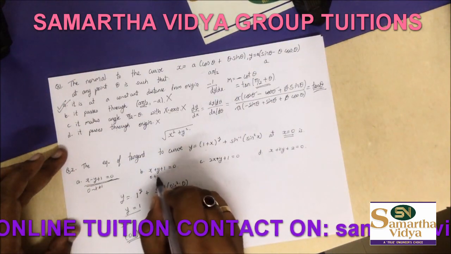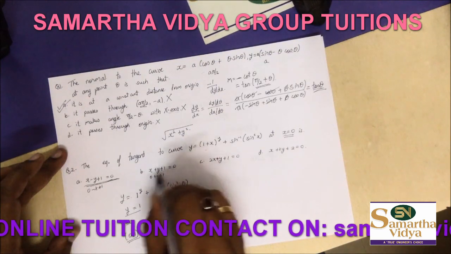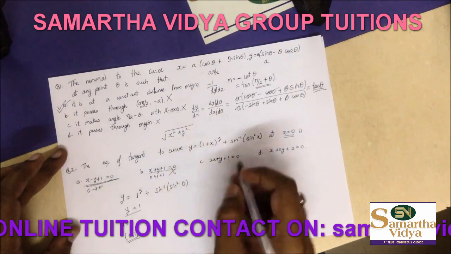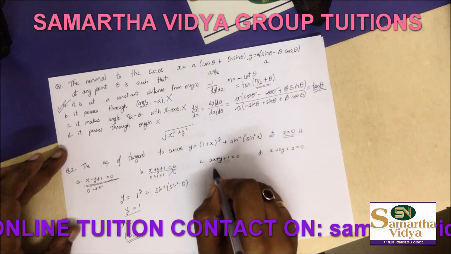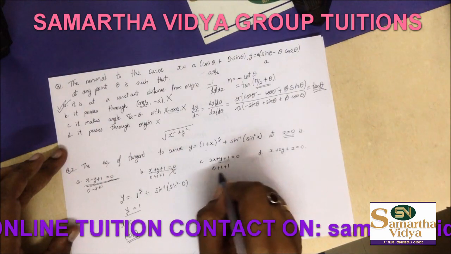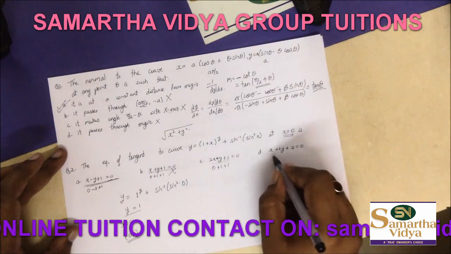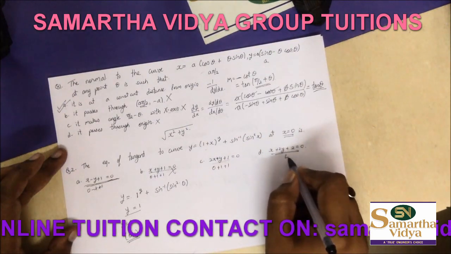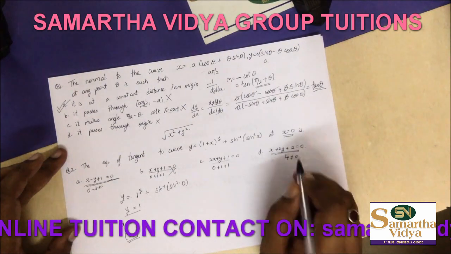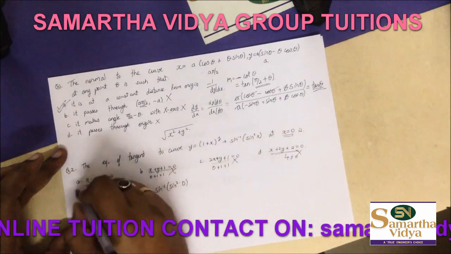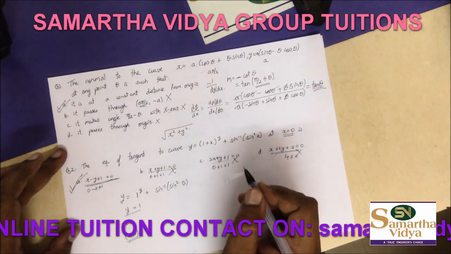It is 0 plus 1 plus 1, which is 2. So it's not satisfying this equation. Let's check in this. It is 2x plus y plus 1. So that becomes 0 plus 1 plus 1. So that's again not satisfying. And in this also, if you check, it's going to be 4. So that's not equal to 0. So it's again not satisfying. So the only equation which is satisfying is the first one.